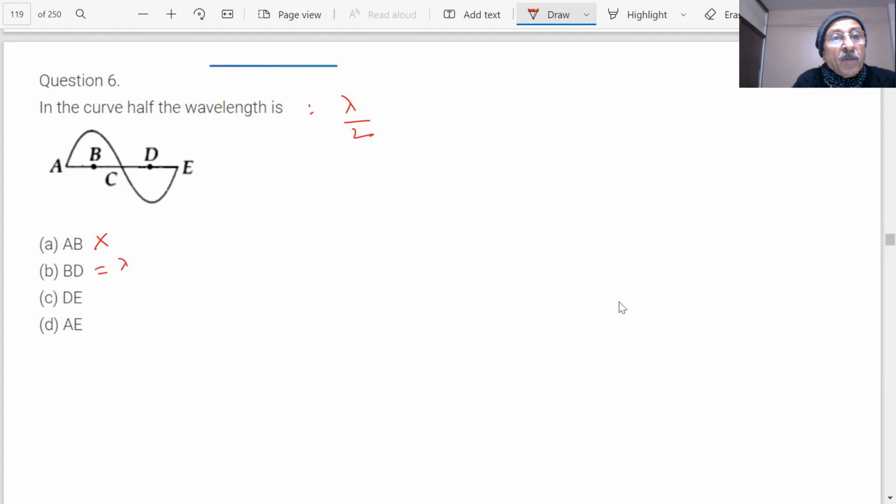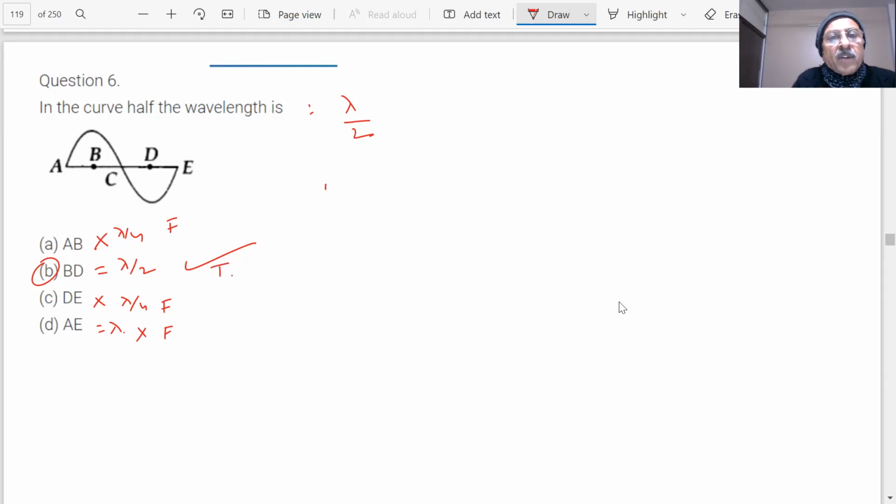BD will be equal to lambda by 2. That is the correct answer. What is DE? That will be lambda by 4. If I put it, this will also be lambda by 4. What will be AE? That will be equal to lambda. So this is false, false, and false. Then this is the true answer.